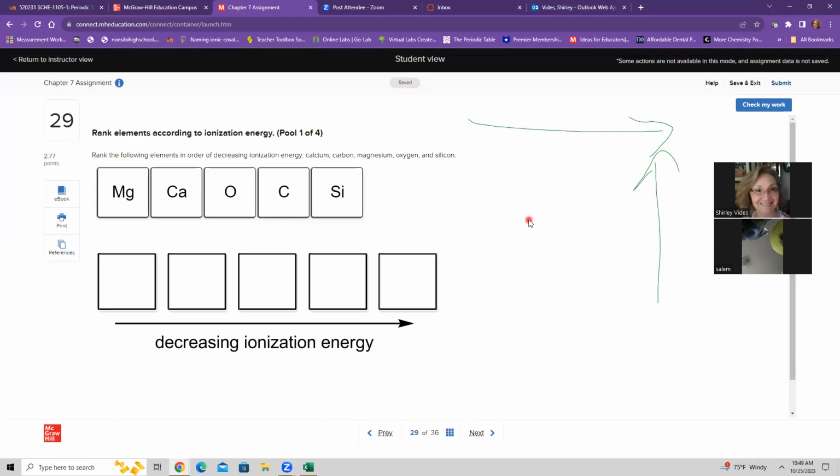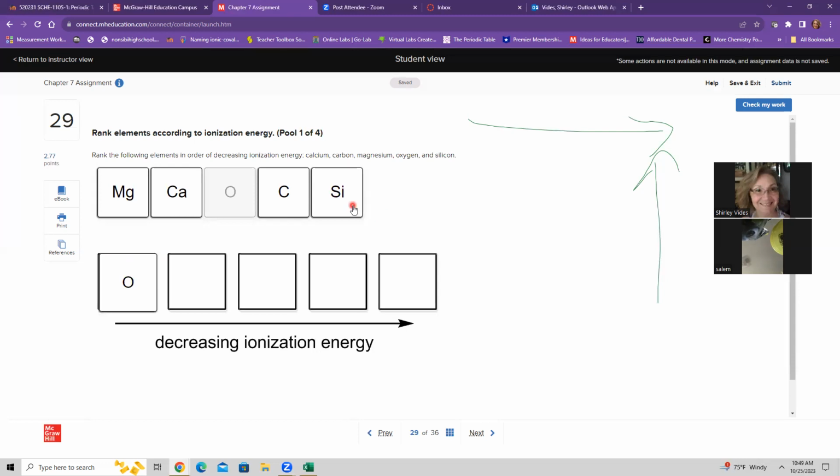Okay, so again, same arrows. We left them there. Let's see who we see first on this side. Silicon looks like maybe because it's lower. No, silicon is not. It's carbon. No, it's oxygen. Oxygen would be first. Decreasing, right?